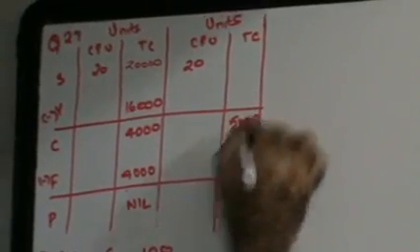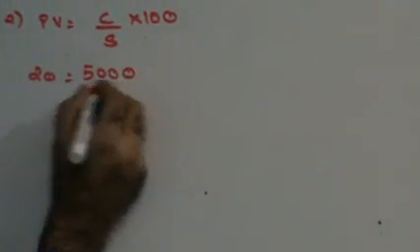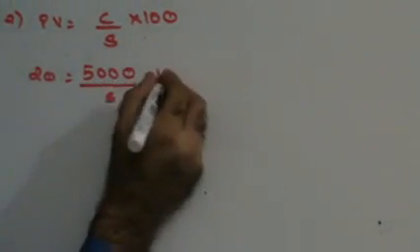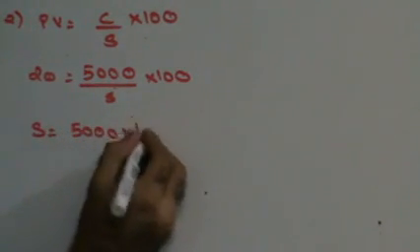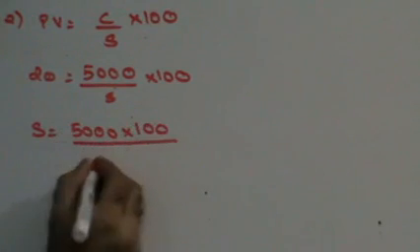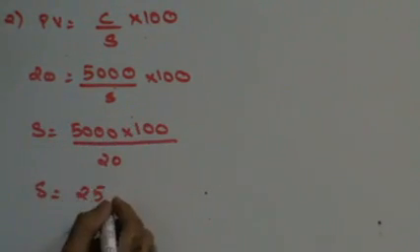Contribution is going to be 5,000. So in that case, again I can use the formula PV is C upon S into 100. So 20 is C, 5,000 upon S into 100. So I'll get S is equal to 5,000 into 100 divided by 20. 25,000.